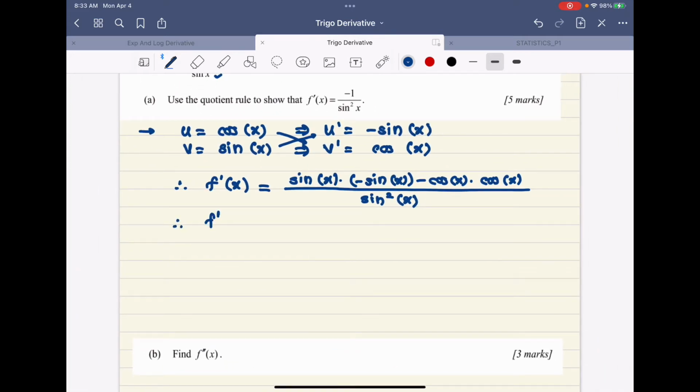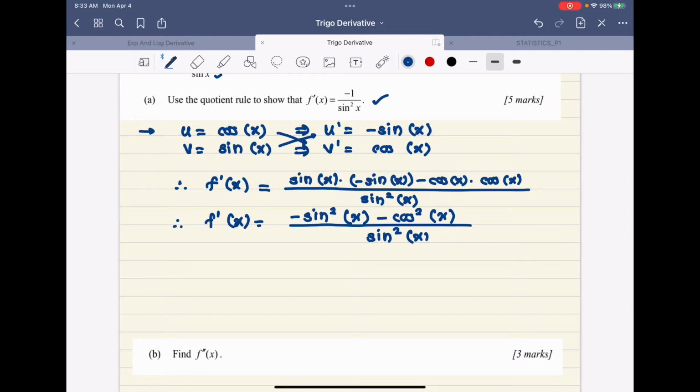Now simplify, using the trigonometry rule. Sin x times minus sin x is minus sin square x. Minus cos x times cos x is minus cos square x. Divide by sin square x. Clearly they ask us to show negative 1 over sin square x. We already have the sin square x, only the numerator is negative 1.